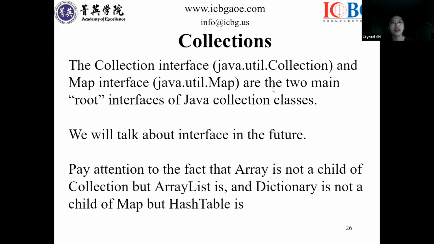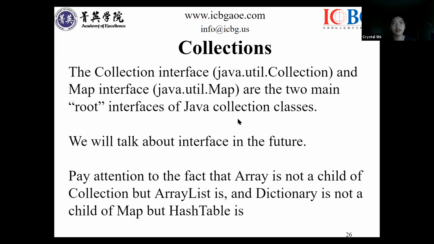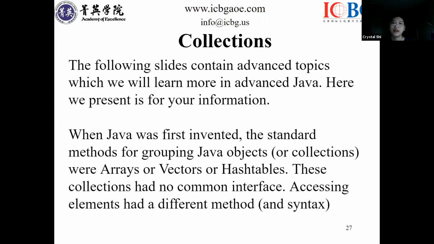Essentially, there are two interfaces and they're the main root interfaces of Java collection classes. A lot of these data structures are a type of collection or map. An array list is a type of collection and a hash table is a type of map.